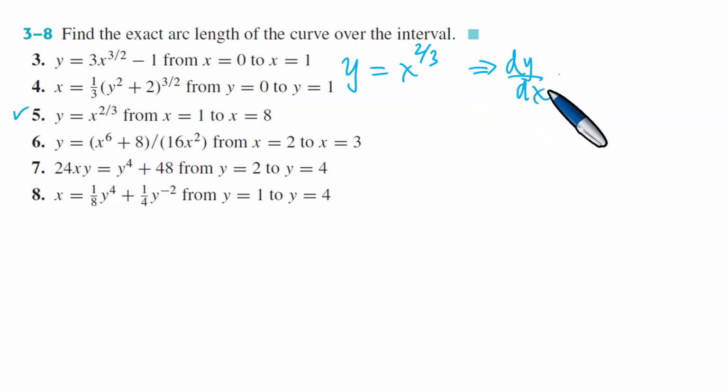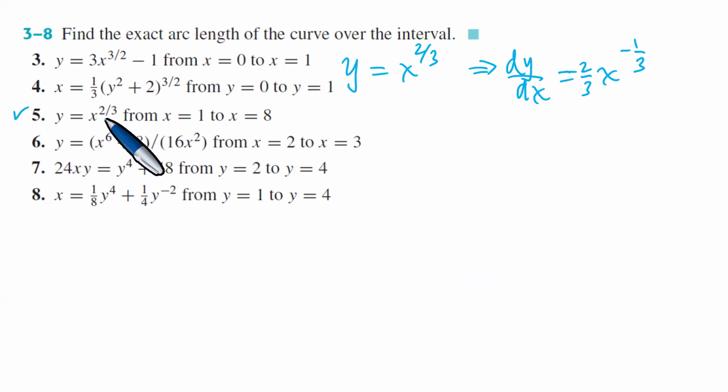Getting dy dx 2/3, minus 1, minus exactly 1/3. It's exactly something we saw before. But doesn't look pretty for us, but it's okay.